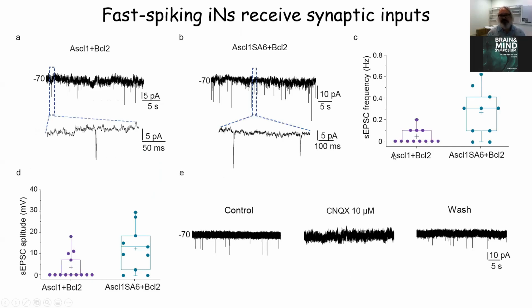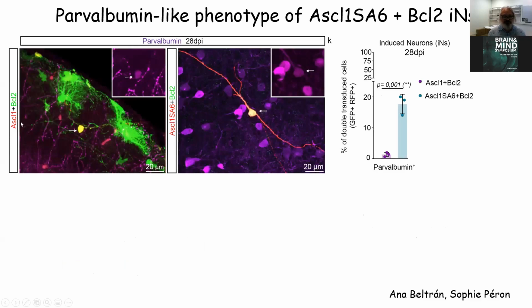And also we see that overall these induced neurons that express the mutant ACIL1 are better synaptic targets for endogenous or host neurons, so neurons that make synapses onto these cells. And we find that indeed they receive synapses, but these synapses are again found more often on neurons expressing the mutant ACIL1.